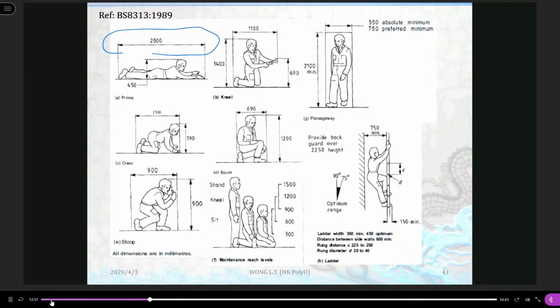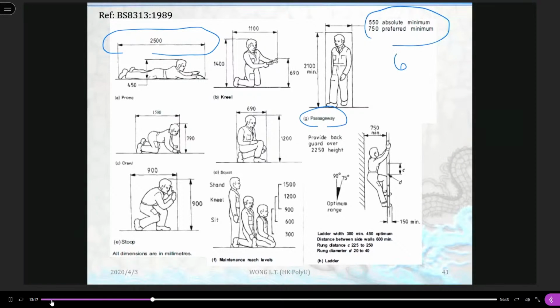For the pathway requirements, the minimum is around this figure, absolute minimum 550. For example, the architecture recommendation for the corridor access inside the room is 600 in some standards.